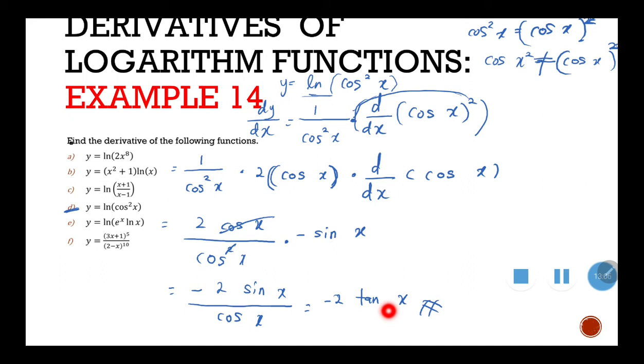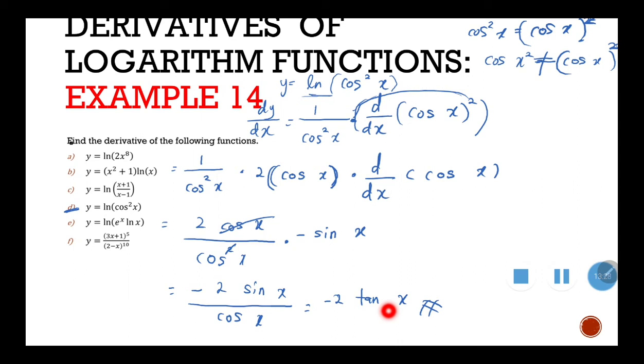You can cross cos x here because this one is cos square x. So the final answer is minus 2 sin x over cos x, where sin x over cos x is also equal to tan x. Okay.